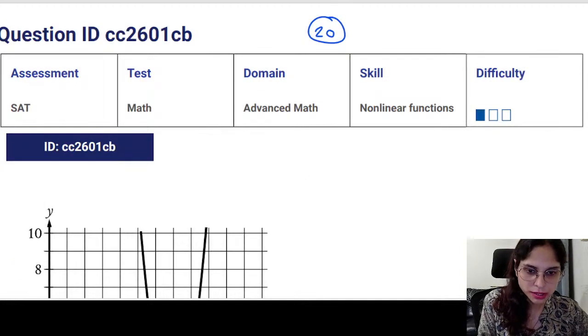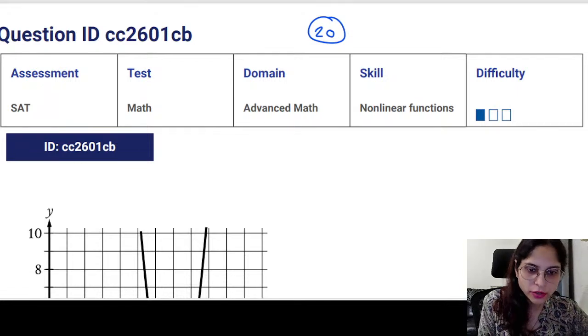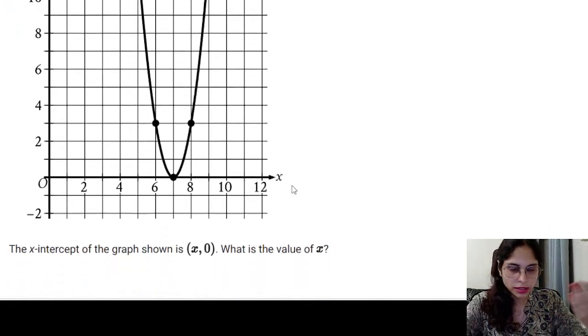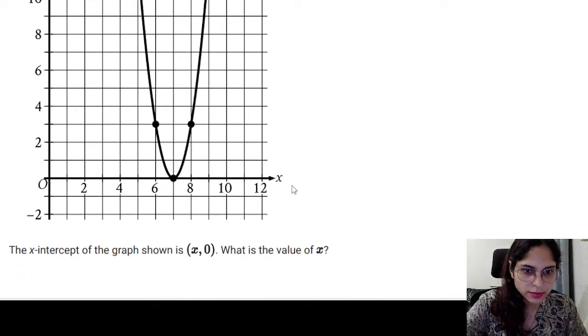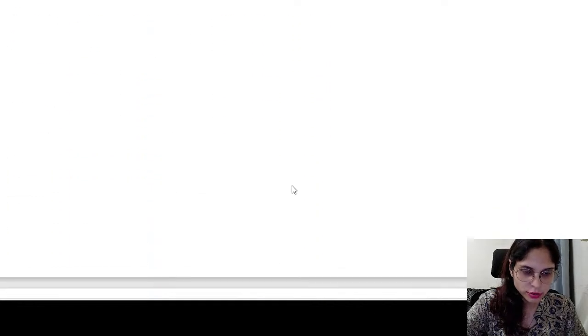Now after question number 10, you directly have question number 20 on quadratics. So over here also a graph is given to you and they want to know the x-intercept of the graph is x, 0, what is the value of x, and are there any options? No, there are no options.